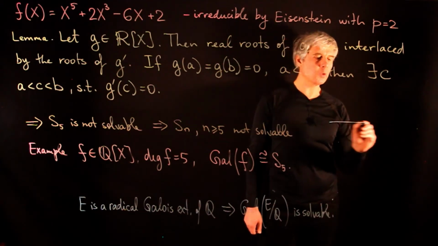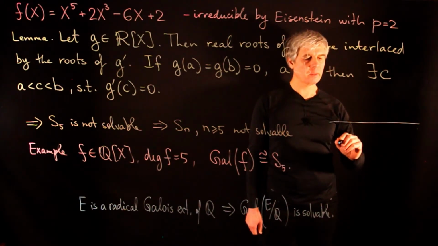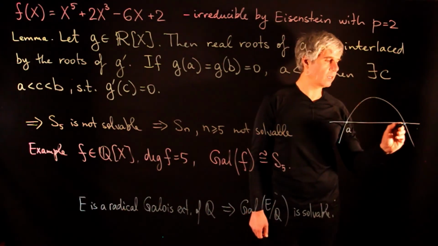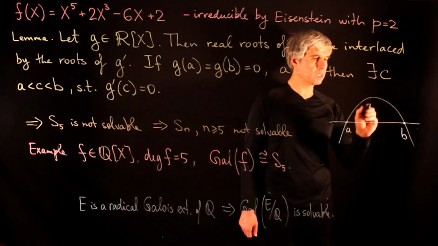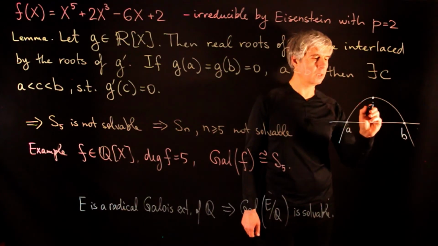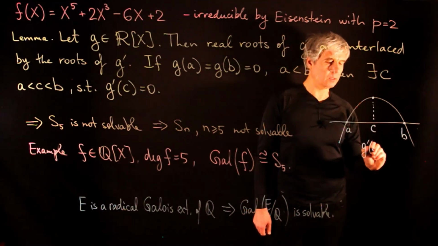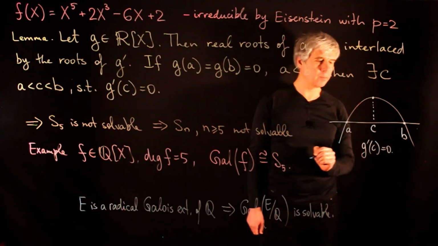This is a well-known lemma in calculus, that if we have a smooth function which vanishes at A and B, then there is an extremum point in between where the derivative is equal to 0.